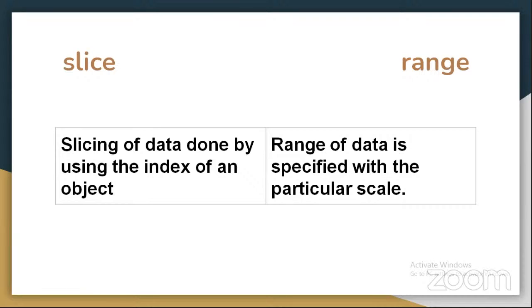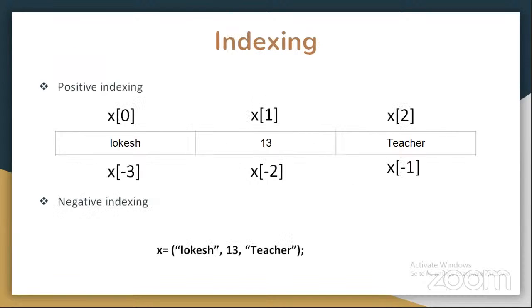You can have a doubt about the index of an object. What is an index of an object? It means the data we are storing. An object is nothing but a variable which can store data. For example, there are two types of indexing: positive indexing and negative indexing.